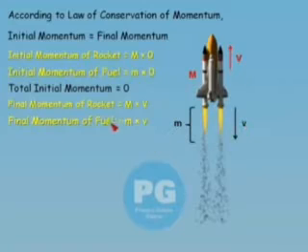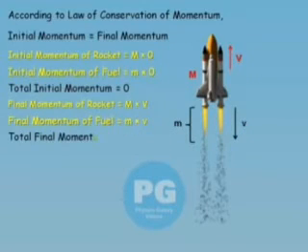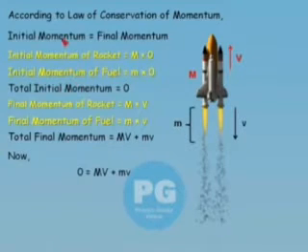Final momentum of the fuel is equal to mass of the fuel into final velocity of the burnt gas. It will be equal to small m into small v. Now, final momentum of the system is equal to the sum of final momentum of the rocket plus final momentum of the fuel. That will be equal to capital M into capital V plus small m into small v.